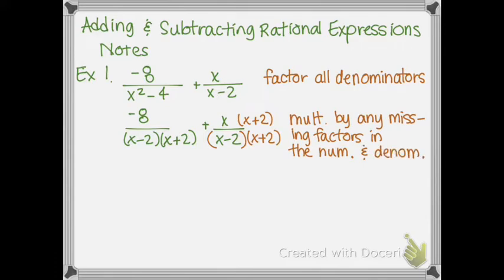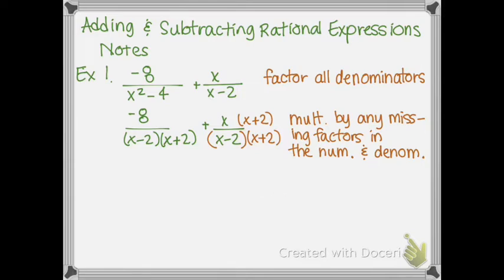Since that second fraction was missing the factor of x plus 2, we multiply in the numerator and the denominator. The reason we do that is multiplying by something over itself is the same as multiplying by 1. And that doesn't change the value. If I were to multiply something by 5 over 5, that's the same as multiplying by 1. Multiplying by 1 does not change the value of an expression.